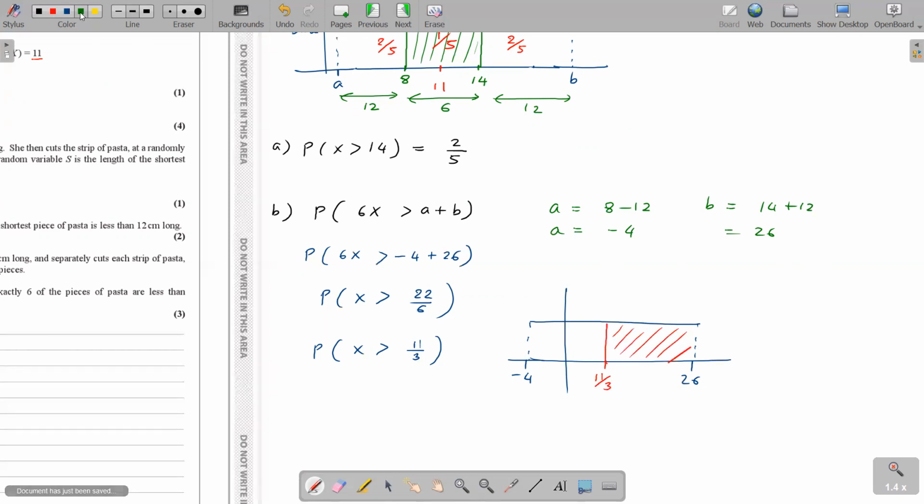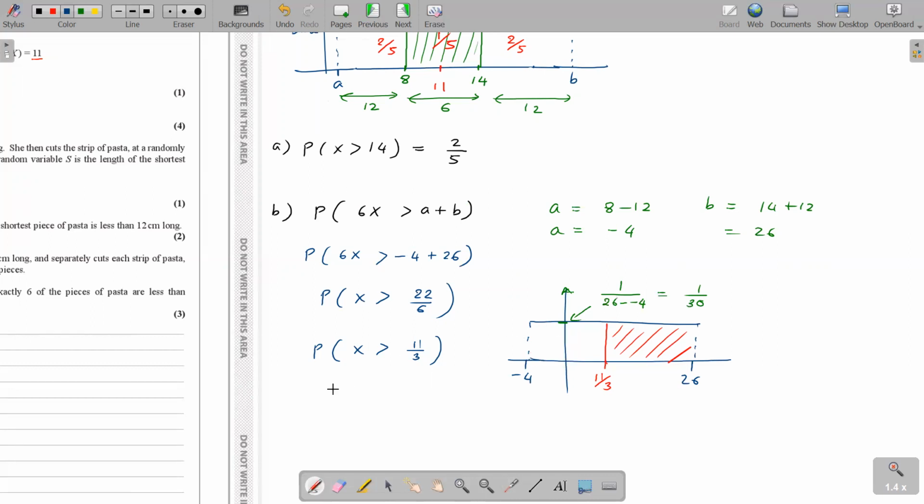Are you with me? What's 1 over b minus a? You'll have to get the value of 1 over b minus a. 1 over b is 26 minus a is minus 4. How much is it? 1 over 30. So length into breadth. Now we know the width of the rectangle is 1 over 30.